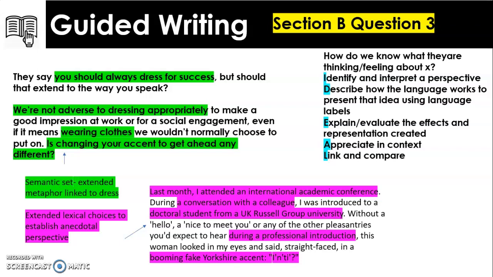Now, questions always position the audience like you're trusting them to be intelligent, you're trusting them to be capable of intelligent thought. So there's a little bit of flattery, a little bit of recognition that you can position your audience, okay, to respond, to think, to reflect. And our writer of text A has done that twice through those interrogatives. They say you should always dress for success, but should that extend to the way you speak?